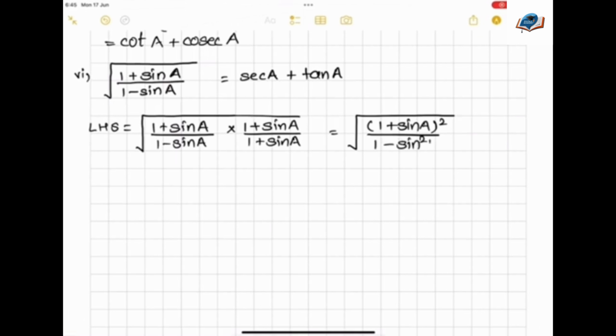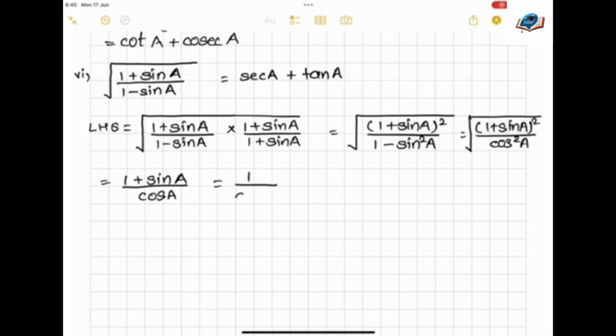So that will be equal to whole root of 1 plus sin A whole square upon cos square A. So that will be equal to, now if I remove the bracket and root, I will get 1 plus sin A whole upon cos A. Now cos A I am splitting up, making the denominator below both of them.